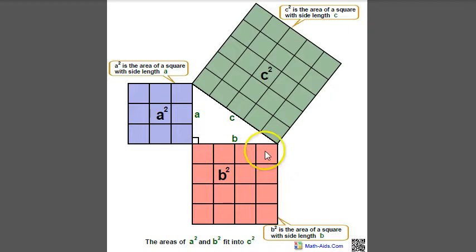And so here we have 4 times 4, or 16 square units in the area of the side B if we square that area. Again, these are just squares.